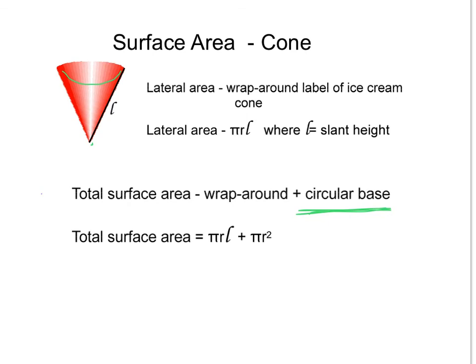And then we have the little wraparound, which we call the lateral surface area. Okay? And the lateral surface area is always equal to pi r L, where L is the slant height. So the total surface area is pi r L, that's our lateral surface area, plus the circular base, pi r squared.